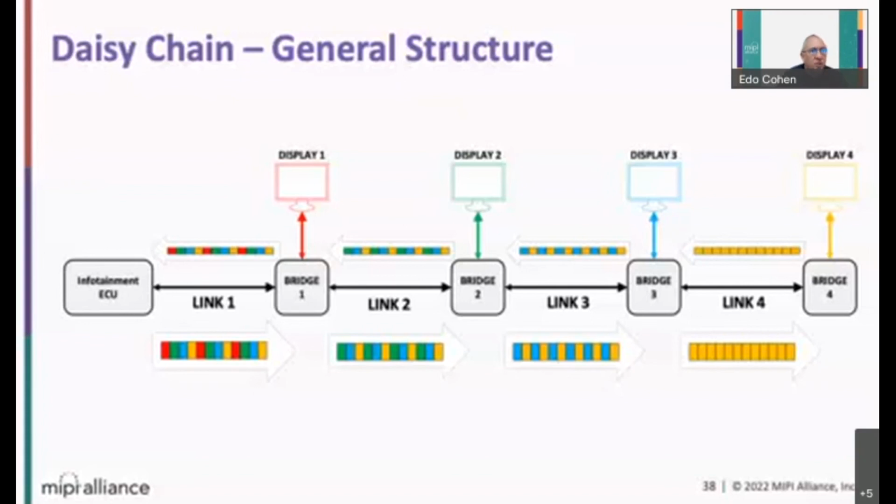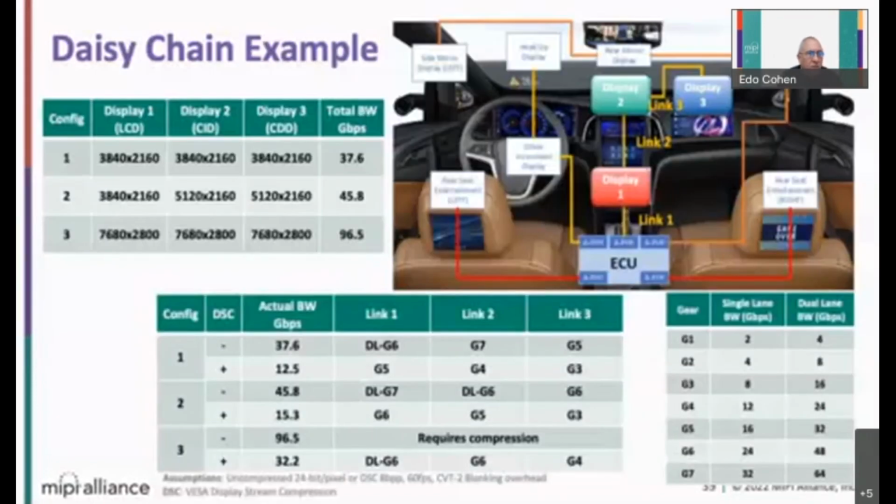So each logical stream is independent and is streamed over the physical links and distributed based on the specific goal or specific display that needs to be supported. So this is one example. This is another possible high-end display capability.